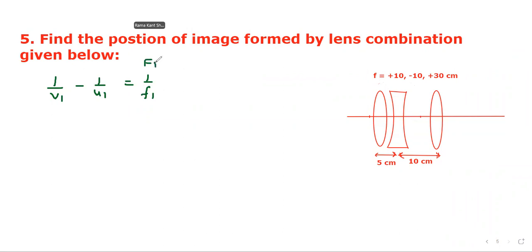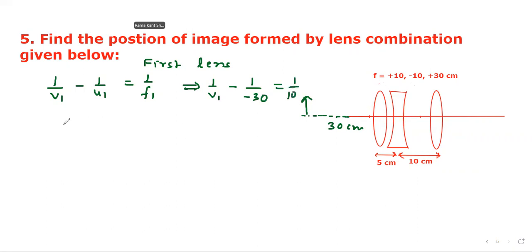The object is placed 30 cm apart, so U1 will be minus 30, and the focal length of first lens is 10.